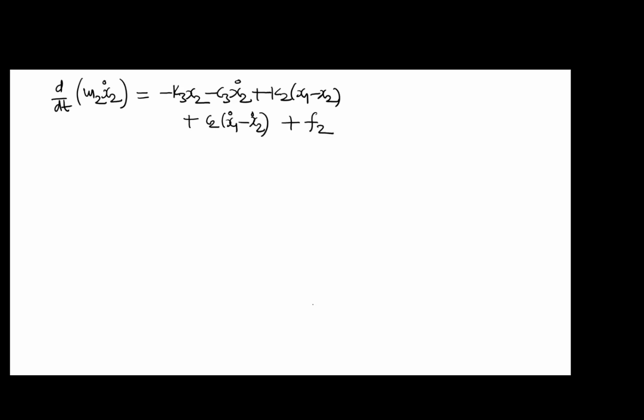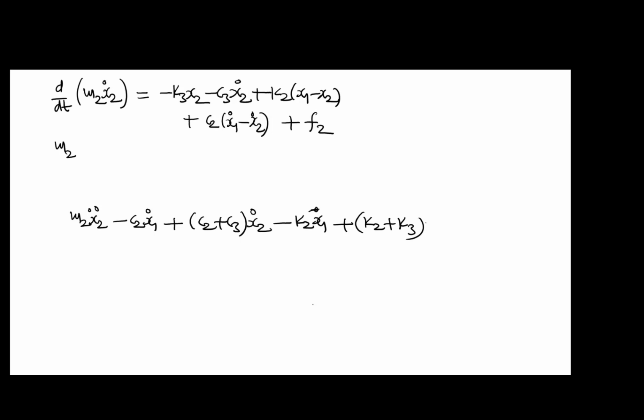So now we'll collect the terms: m2 x2 double dot minus c2 x1 dot plus (c2 plus c3) times x2 dot, minus k2 x1, plus (k2 plus k3) x2 equal to F2. So this is the equation of motion of the second body.